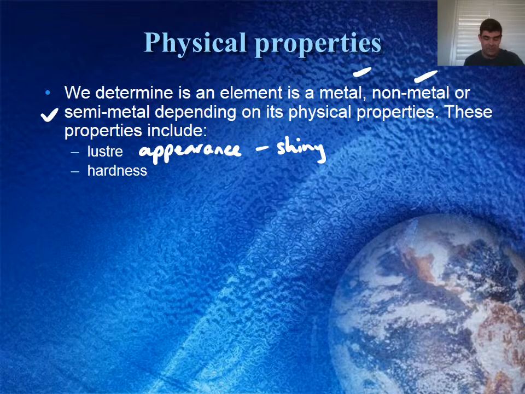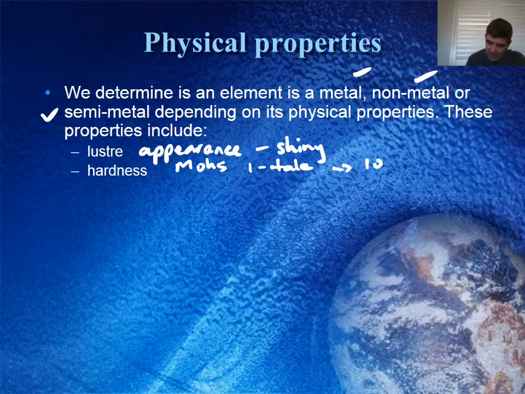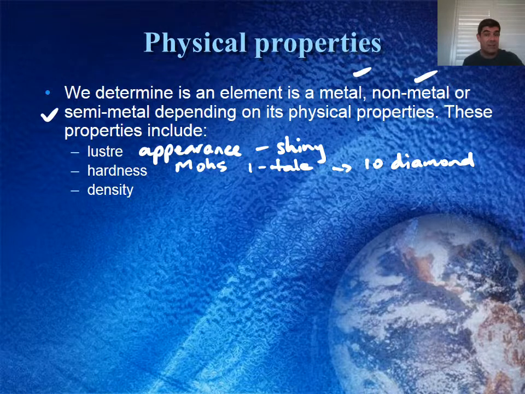How hard it is. You may have heard of the Mohs scale. 1 is talc, which is where we get talcum powder, and it goes up to 10, which is diamond, which is the hardest substance that we know of. Density. Generally speaking, metals will be more dense than non-metals.